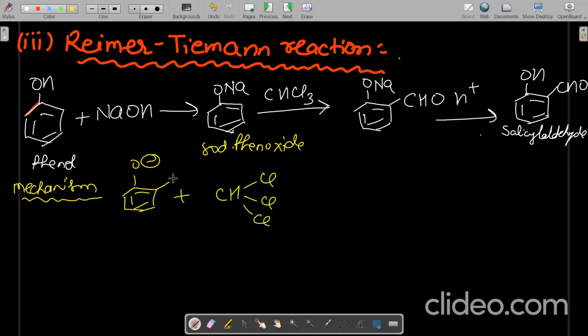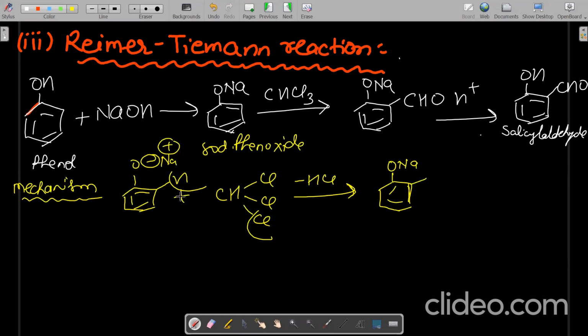Okay, so now the ortho hydrogen is released with Cl in the form of HCl, and hence, I am writing Na also over here, sodium phenoxide. And now this HCl will be lost, H from ortho and Cl from chloroform, to form CHCl2.